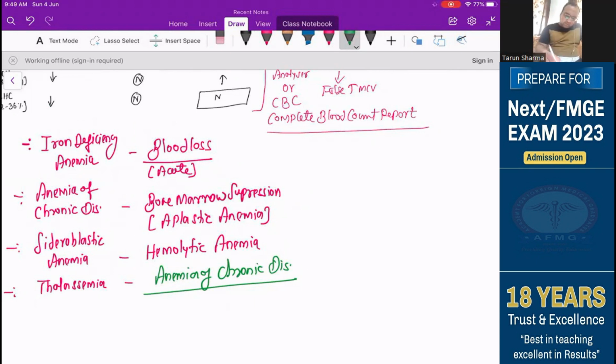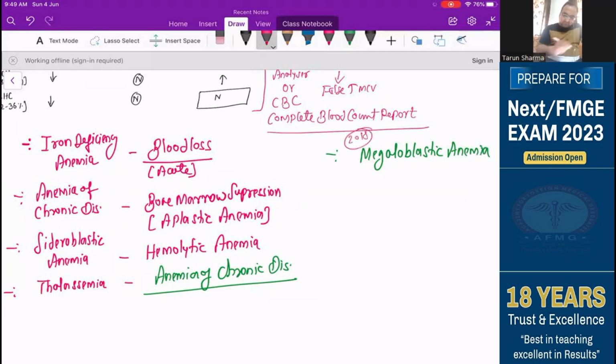Next thing, the macrocyte, the larger RBC. So larger RBCs will be seen in which condition? Macrocytic anemia will be seen in megaloblastic anemia. So the one and only cause is megaloblastic anemia. It's very important, it's very simple, and it was asked in your 2018 exam.